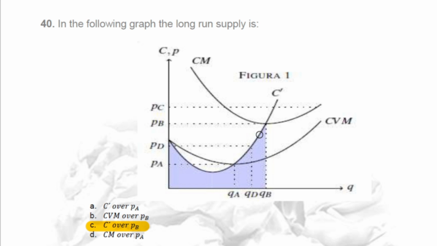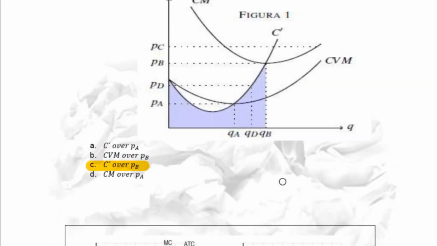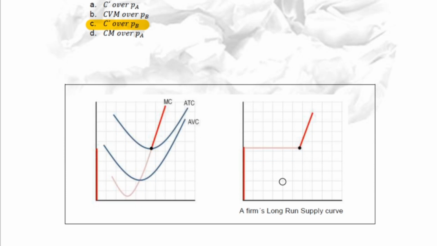We don't produce when we are able to modify all the inputs, or when we are able to have 0 fixed cost if we can't avoid it. So here you have the long run supply, marginal cost, but over the minimum of the average total cost. This is the long run supply.